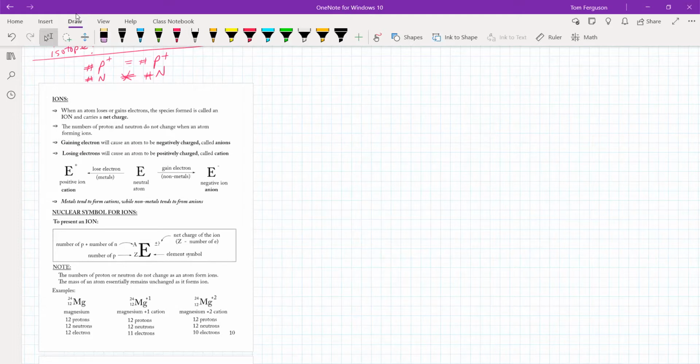If there are more protons than electrons, that means we have more positives than negatives. We're going to have a net positive charge.